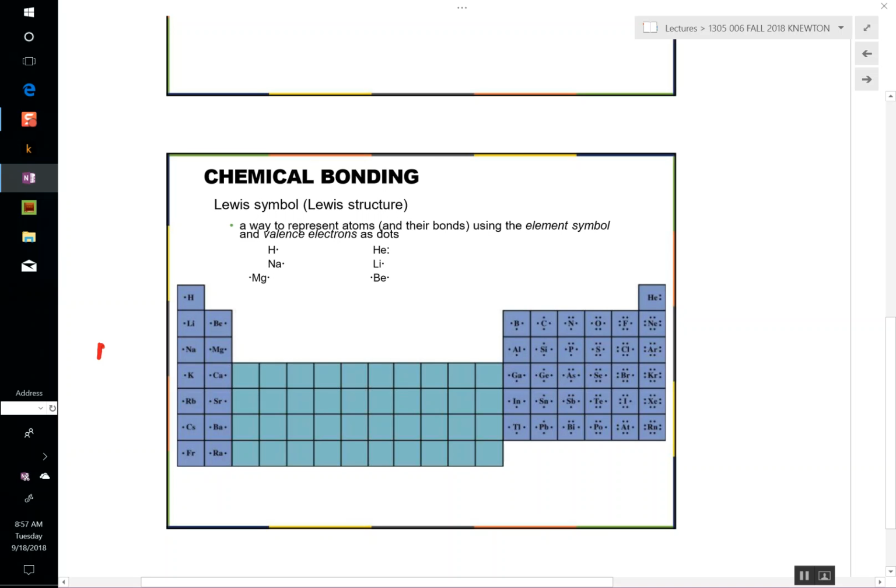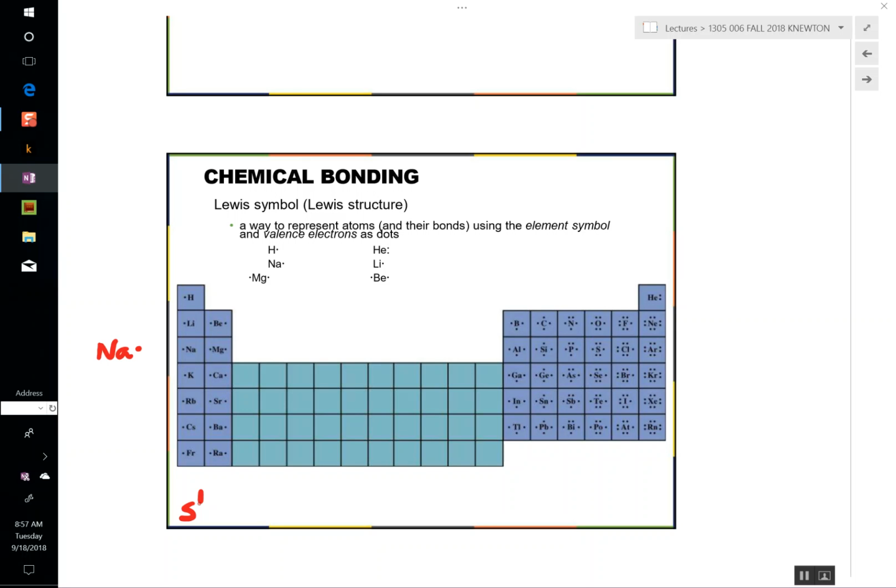See, a minute ago, I wrote sodium this way. And what did I say? I said we're only going to put the valence electron in this symbol. Now remember, the alkali metals all end with an s1 electronic configuration. That means they all have how many valence electrons? 1 valence electron.